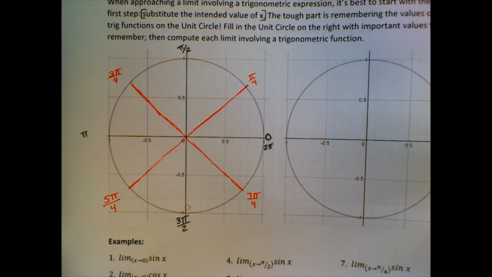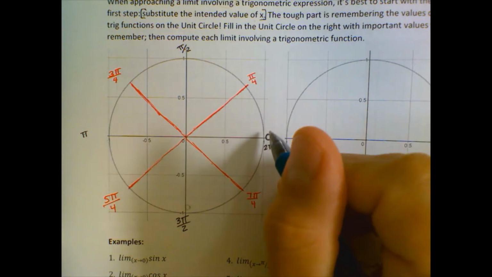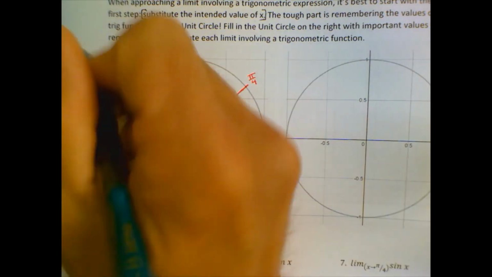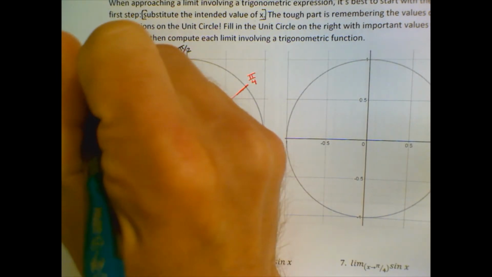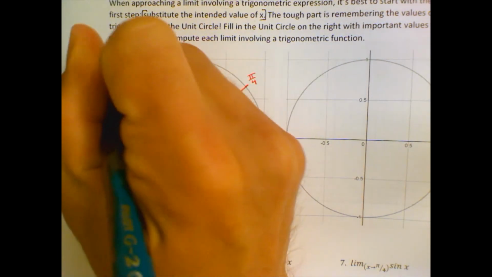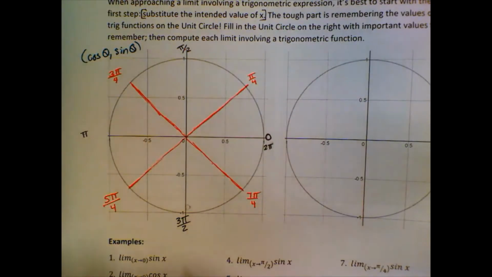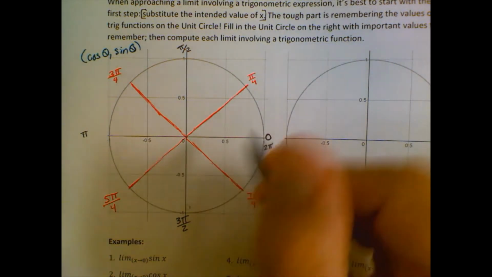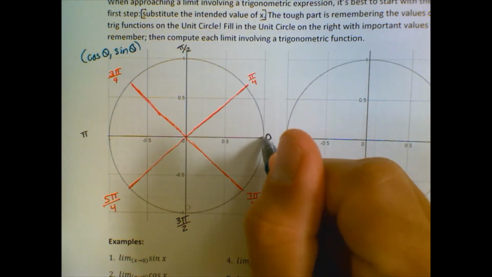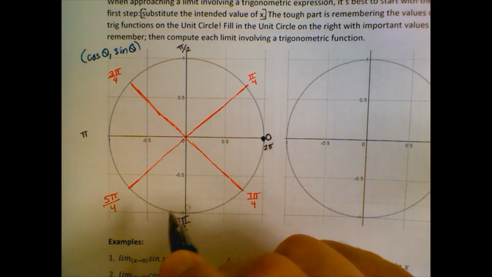Okay, so I haven't really talked to you about the values of sine and cosine at these values, so I guess I'll switch to a different color. Now every point is going to be cosine theta, comma, sine theta. So this point out here is the point 1, 0.